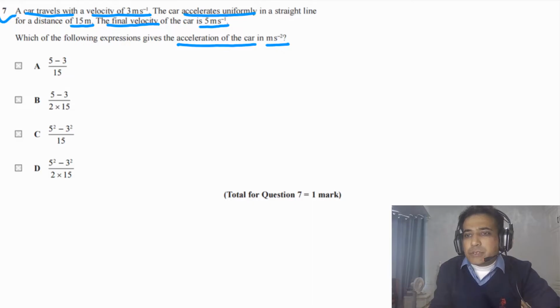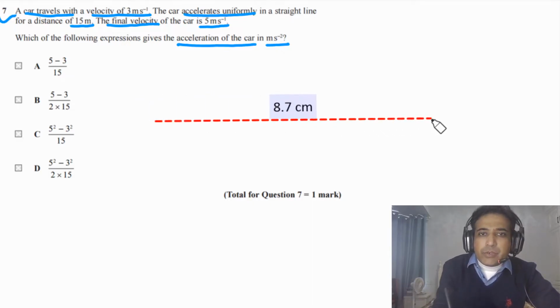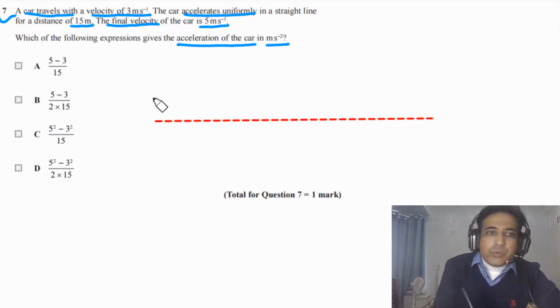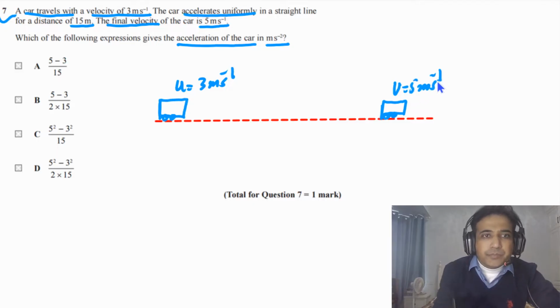For this question, it is given to us that the car is moving in a straight line, so we can simply draw the car here. Initial velocity of the car is given to us, that is 3 meters per second, and final velocity of the car is 5 meters per second.